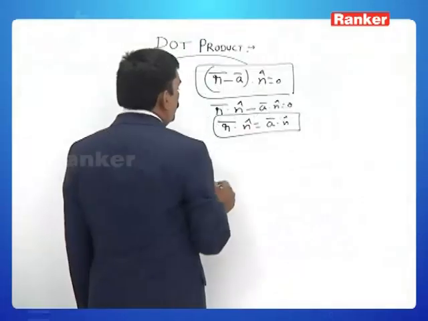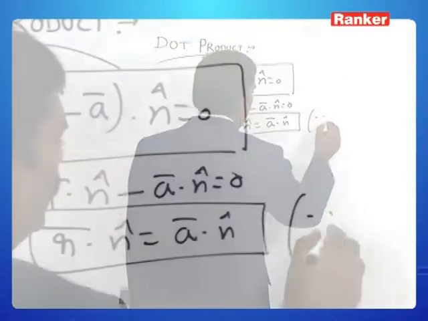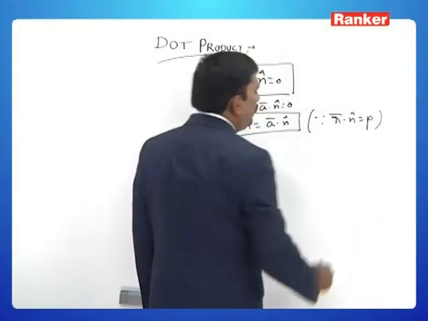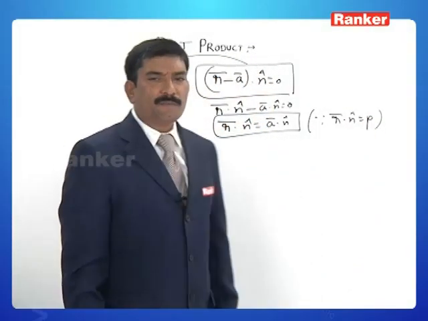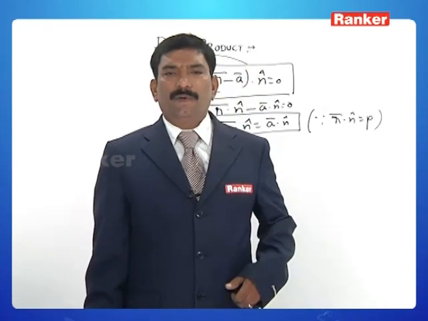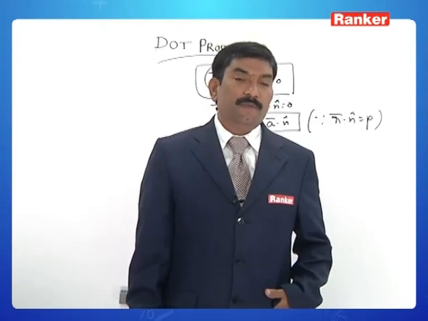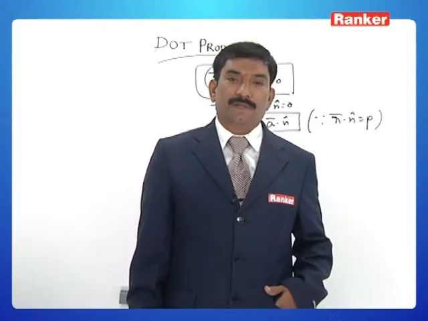Now, since this is the vector equation of the plane, let p be the perpendicular distance from the origin to the plane, and n cap be the unit vector perpendicular to it.